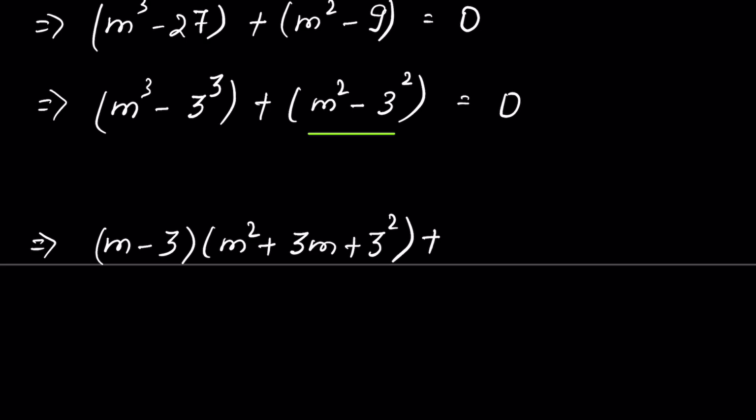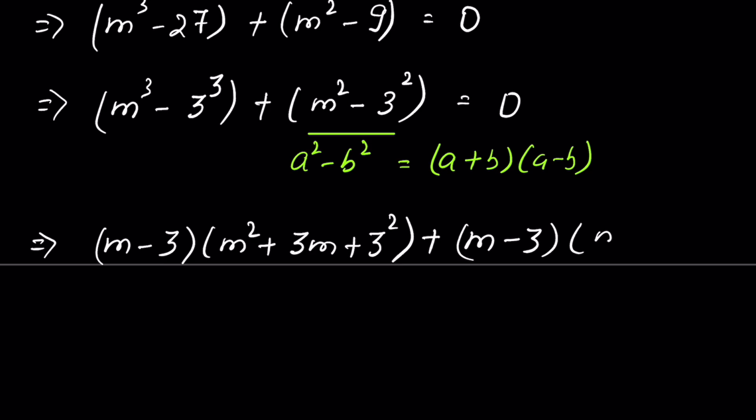It is in the form of a square minus b square, difference of squares, and we can expand it as (a plus b) times (a minus b). So we can write it as (m minus 3) times (m plus 3) is equal to 0.